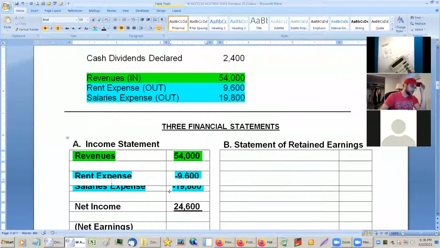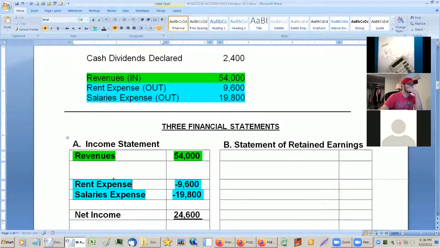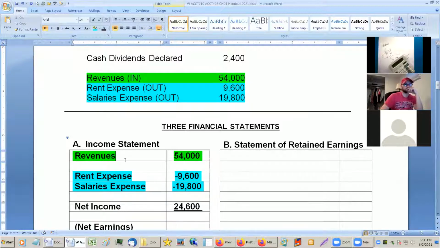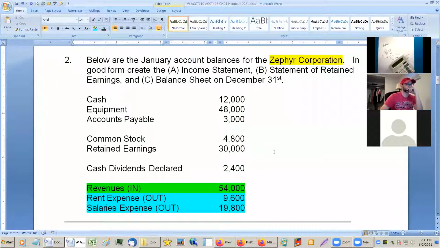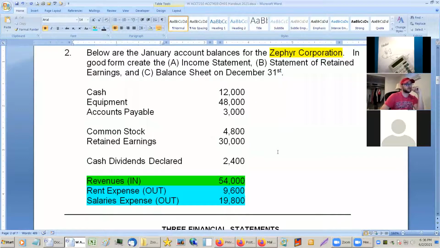Okay, statement of retained earnings. Looking at these other accounts here, which account jumps out as far as the statement of retained earnings? The retained earnings.